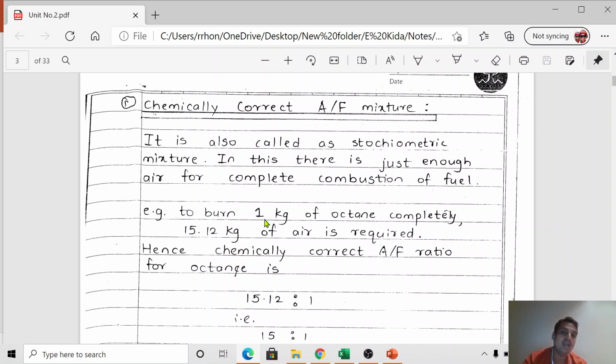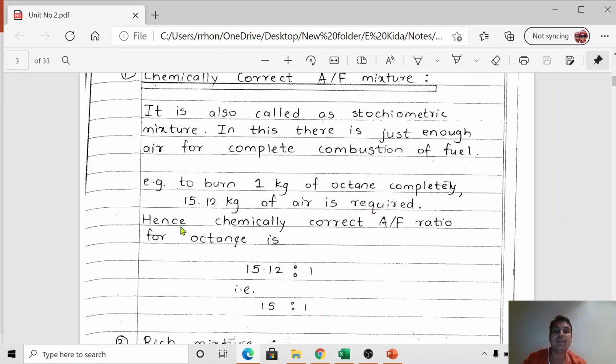Similarly over here, for burning 1 kg of octane we require 15.12 kg of air, and this ratio is called the chemically correct ratio. Chemically correct air fuel ratio means the proper amount of air is present for complete combustion, meaning combustion will be done completely, with no residual things present after the combustion.